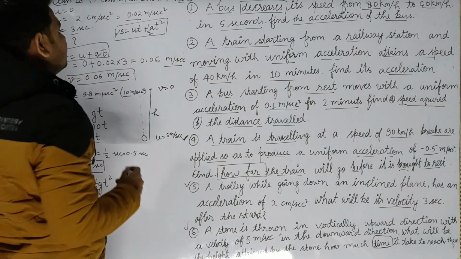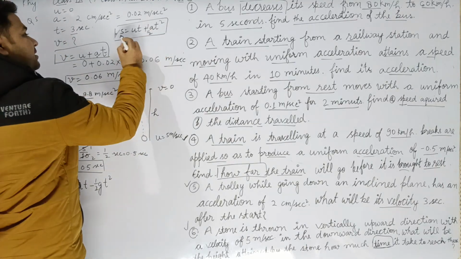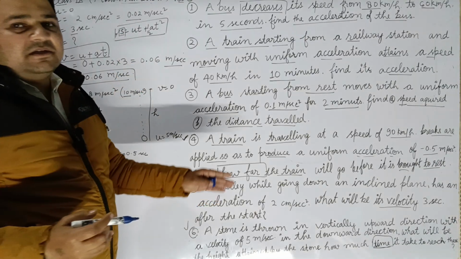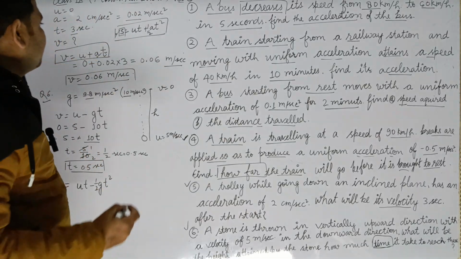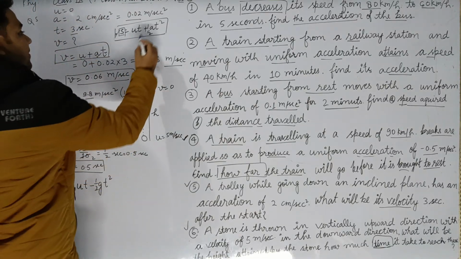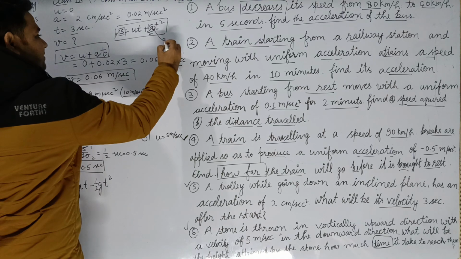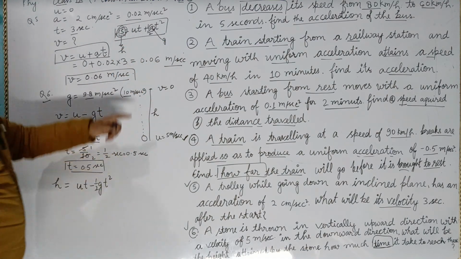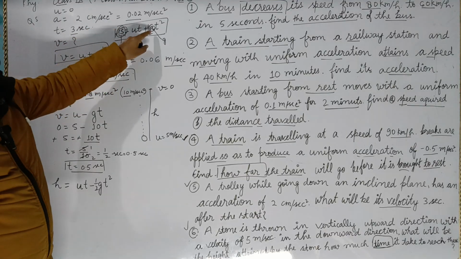In this type of question, distance is height h and acceleration a is g.